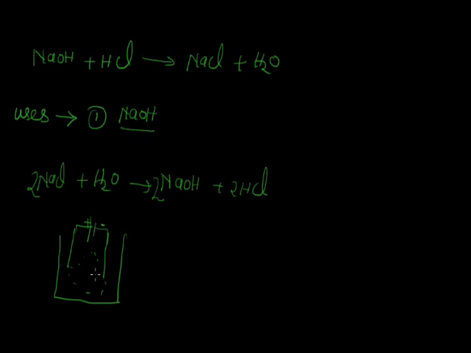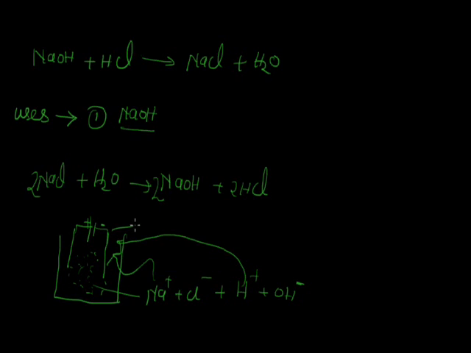Then we have taken an aqueous solution of sodium chloride, that is Na+, Cl-, H+, OH-. When electricity is passed through this solution, Na+ and H+ ions both migrate towards the cathode, meaning the negative terminal. This terminal is termed the cathode.